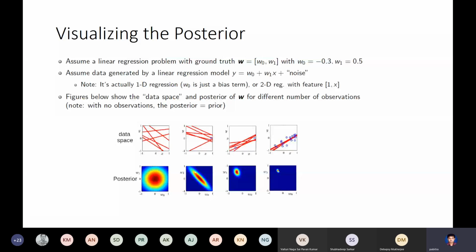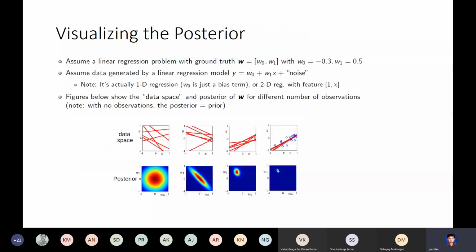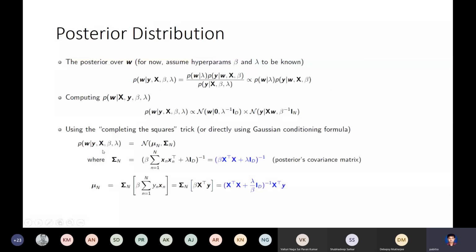Okay, so this is the visualization of the posterior. We said that we are not, per se, interested in the posterior, but rather in the predictive distribution.